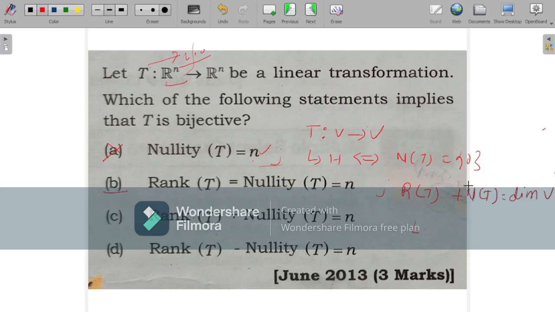So dimension of vector space V here is n. If rank of T equal to n and nullity of T equal to n, this will sum to 2n, which is not equal to n. So this type of linear transformation does not exist. Okay, so the second option is wrong.